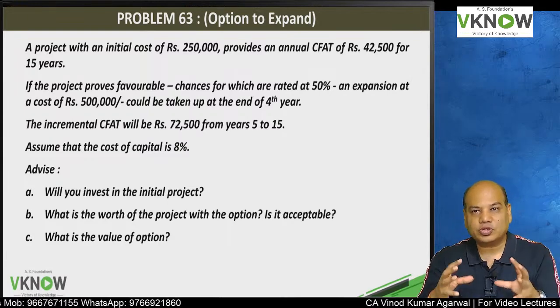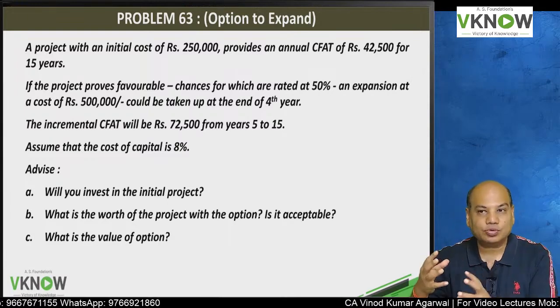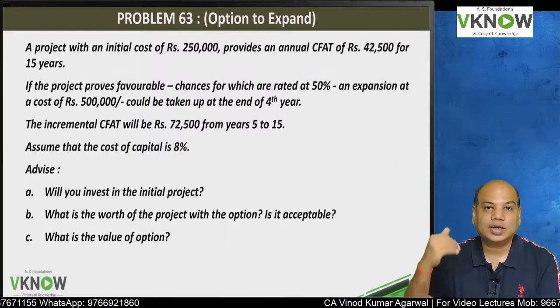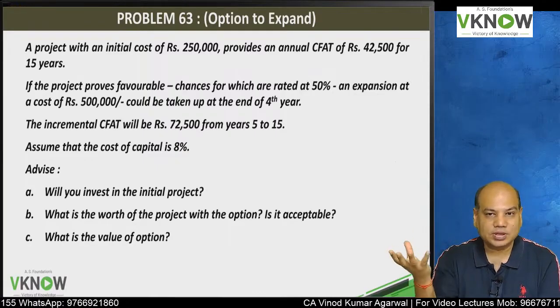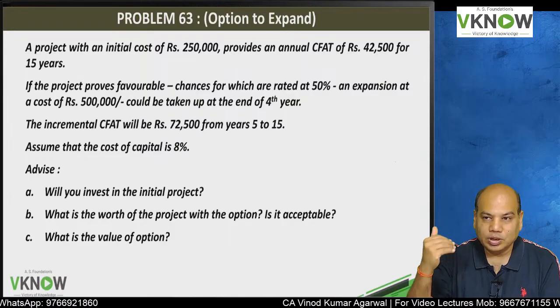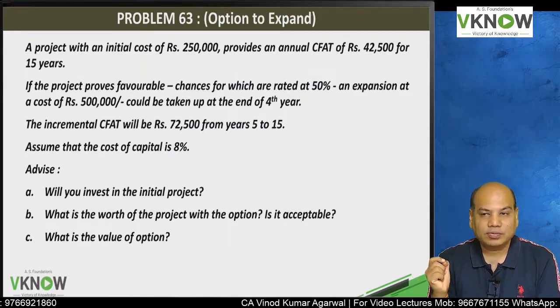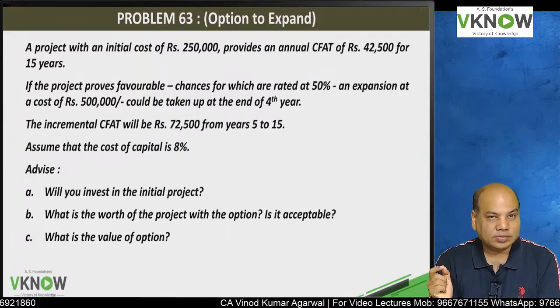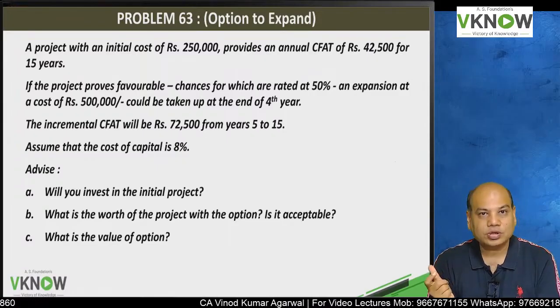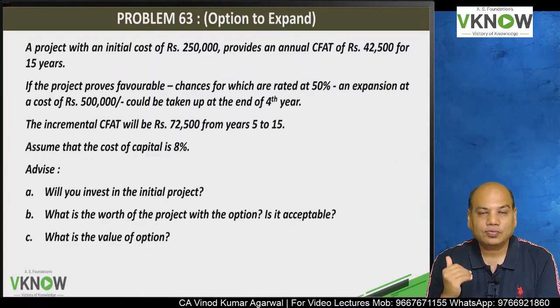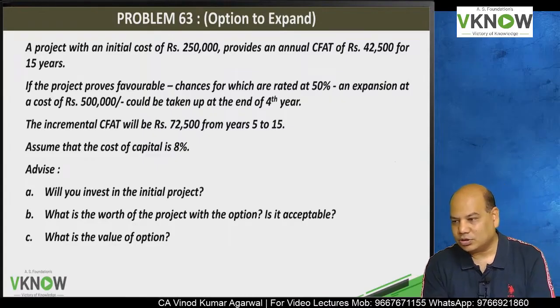The nature of the project may be such that in future you may like to expand it. If the business becomes successful, then you may like to expand it. So you have to find out whether we should exercise the option of expansion, and what is the value of expansion option.